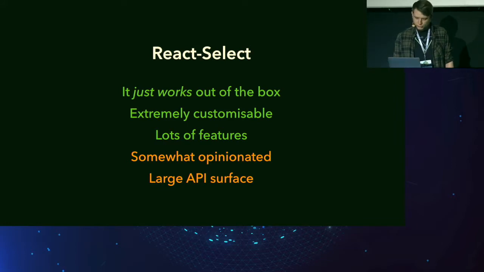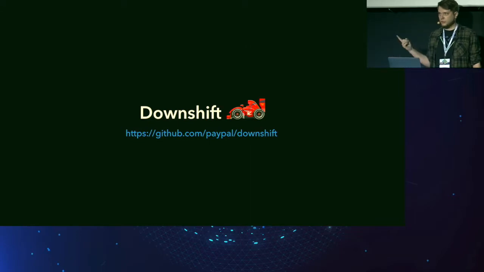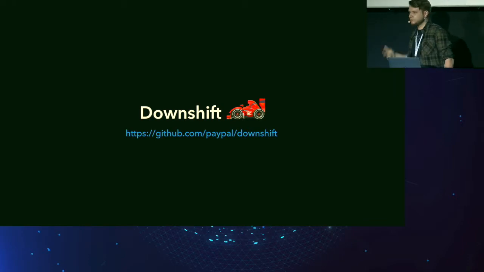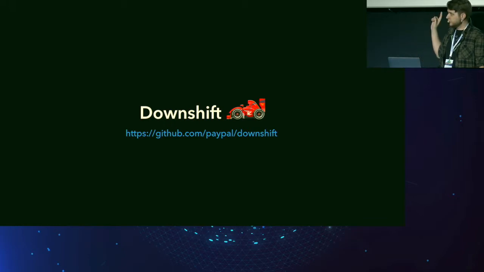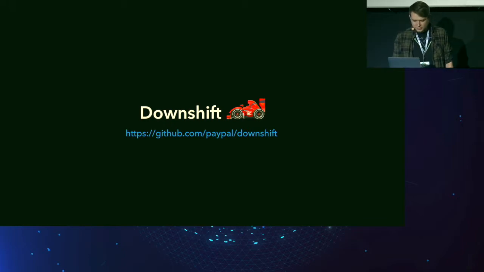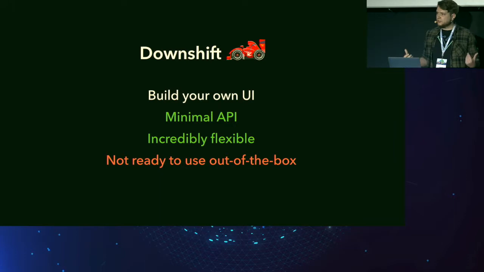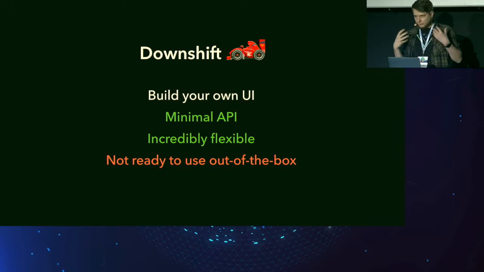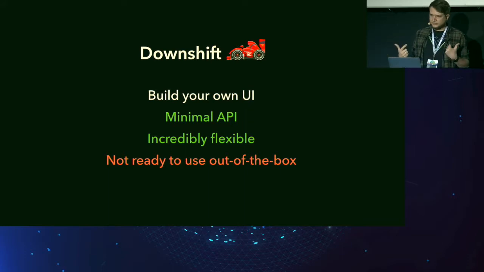So I also looked into another approach, which is Downshift. Who has heard about Downshift? Oh, there is someone, 2 people. Okay, oh, there are 3 people. This is a very cool approach because it doesn't provide you with any user interface. It provides just the functionality, the state that it will manage for you, and the methods.